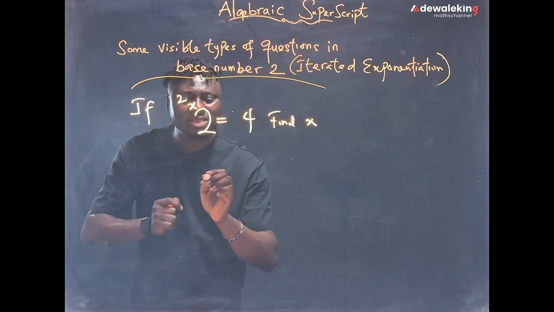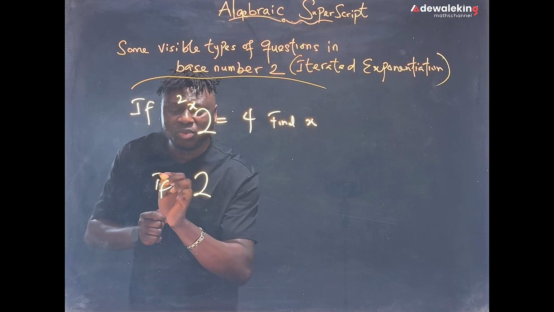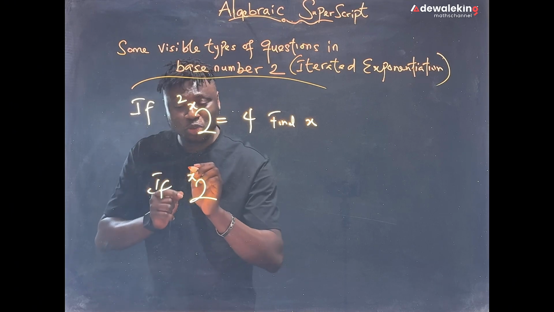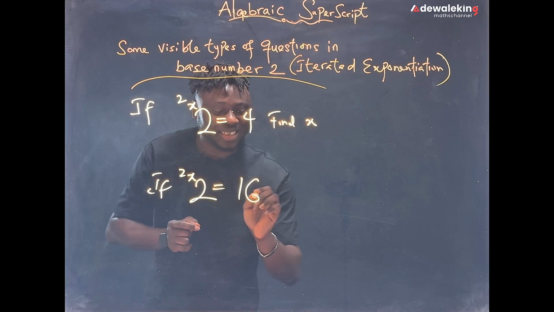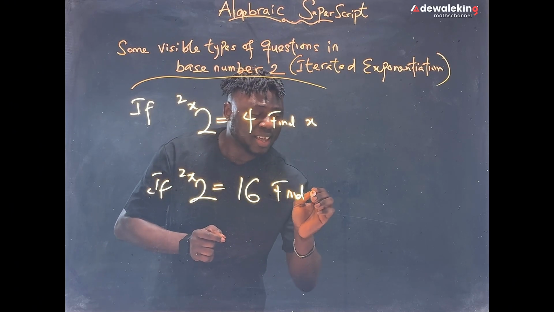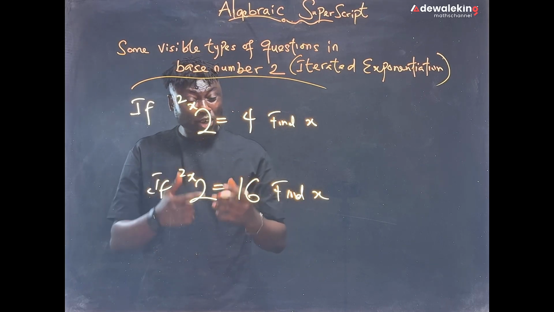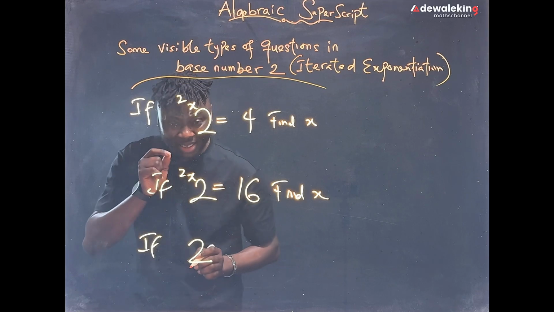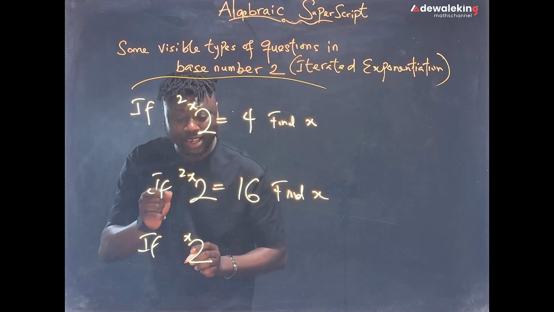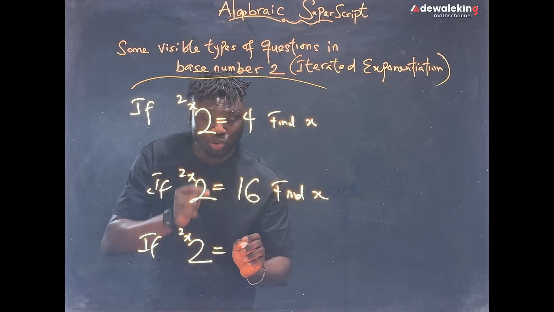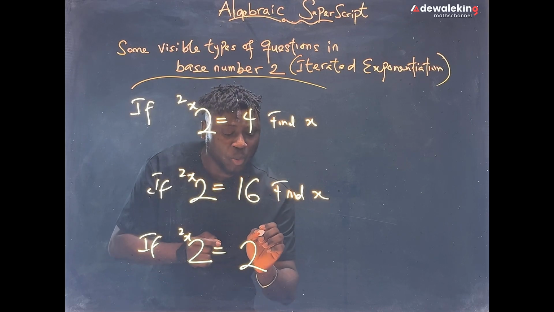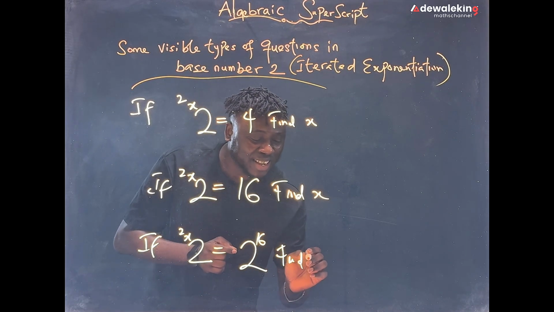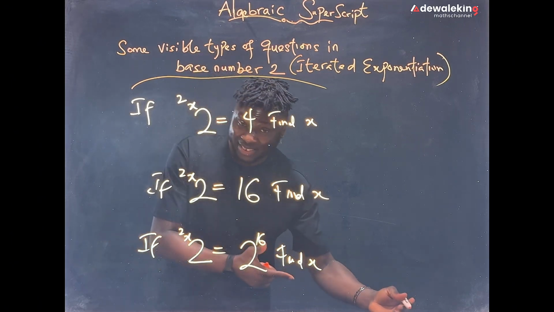Or you can be asked: if 2 tetration x tetration 2 is equal to 16, find x. You can also be asked: if 2 tetration x tetration 2 is equal to 2 raised to the power 16, find x, etc.